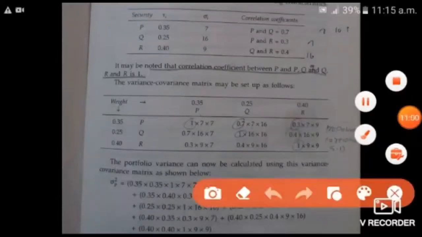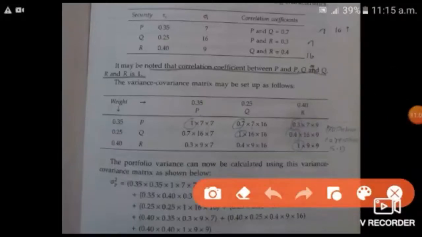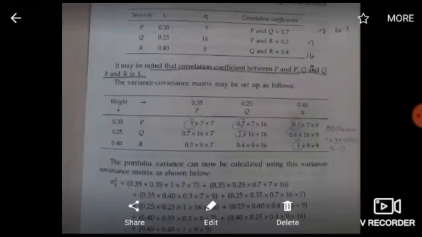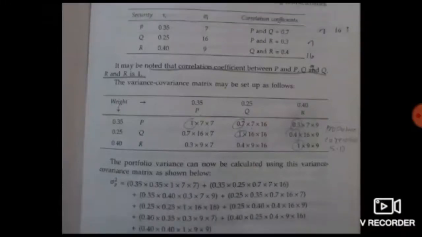Then comes the second row, first column, 0.7. That is Q and P. So Q and P is again 0.7 into 16 and 7. Then again 1 into 16 into 16, that is Q and Q is 1.